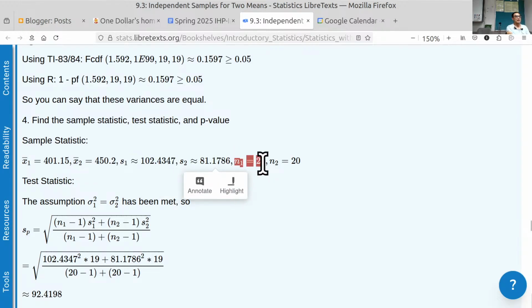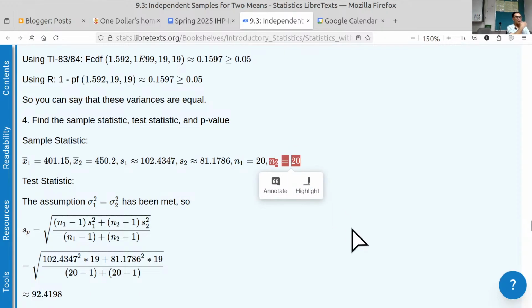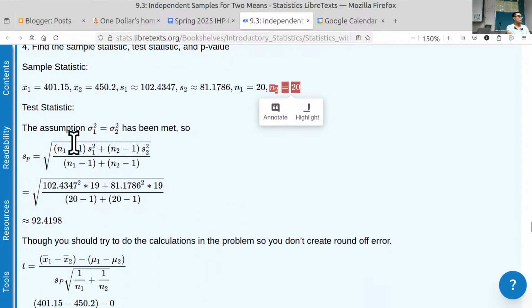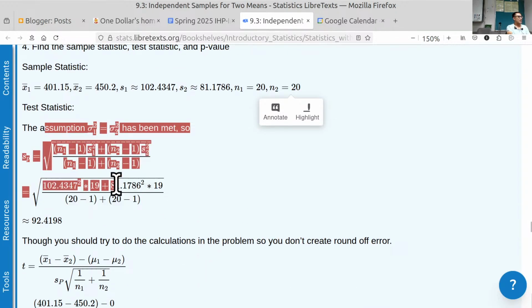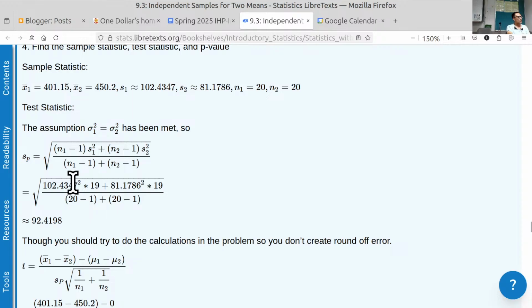The sample size of each group is 20. Assuming sigma squared are equal, the pooled standard deviation is 92.18.